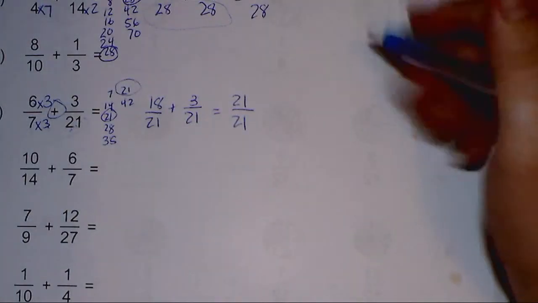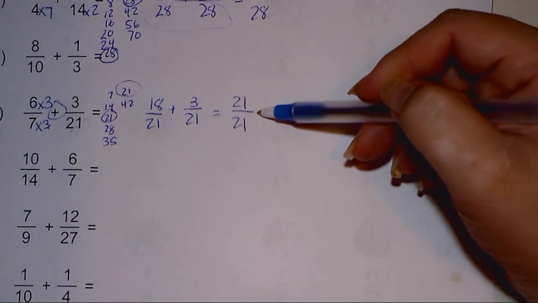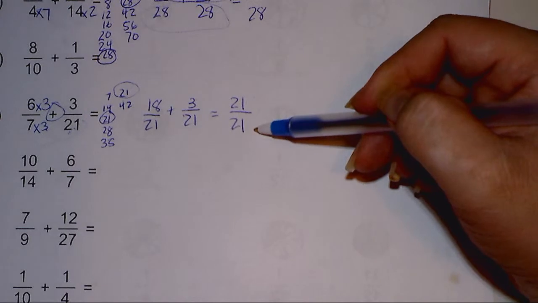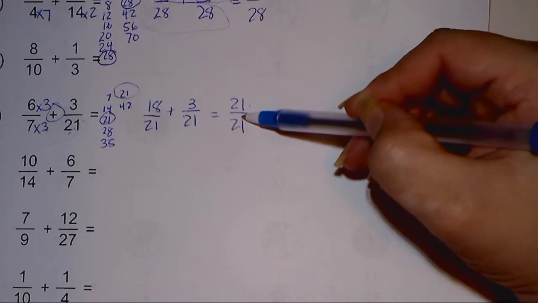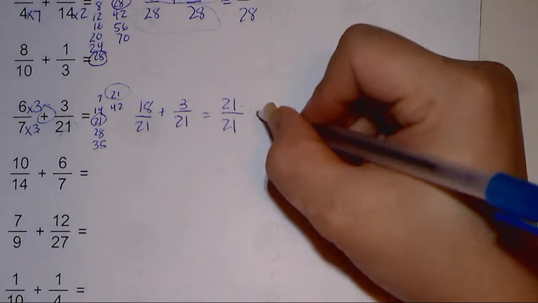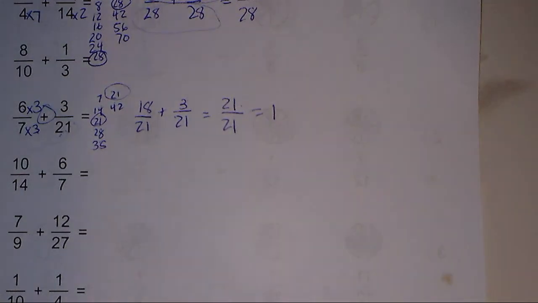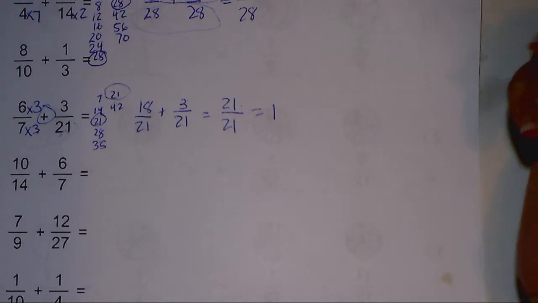So this is one of those situations where you have to remember every fraction is a division problem. So 21 divided by 21 equals 1. And here's what's getting people confused: they're saying it in their heads, 21 divided by 21, and they get confused sometimes.